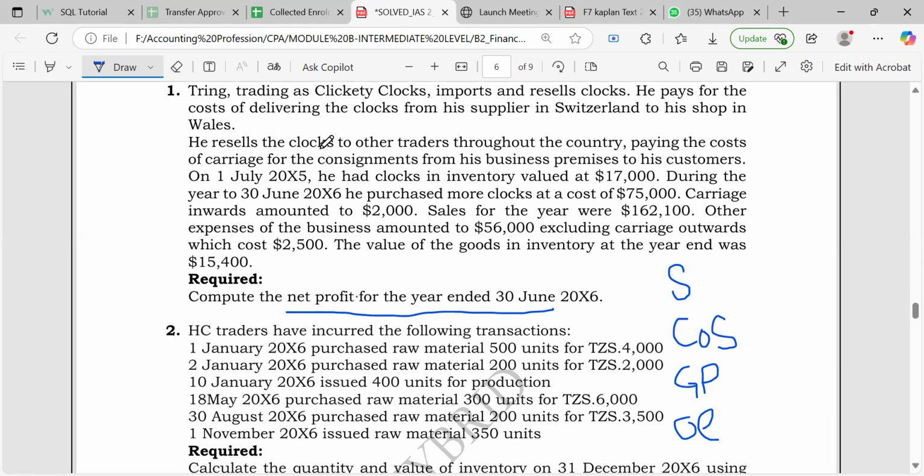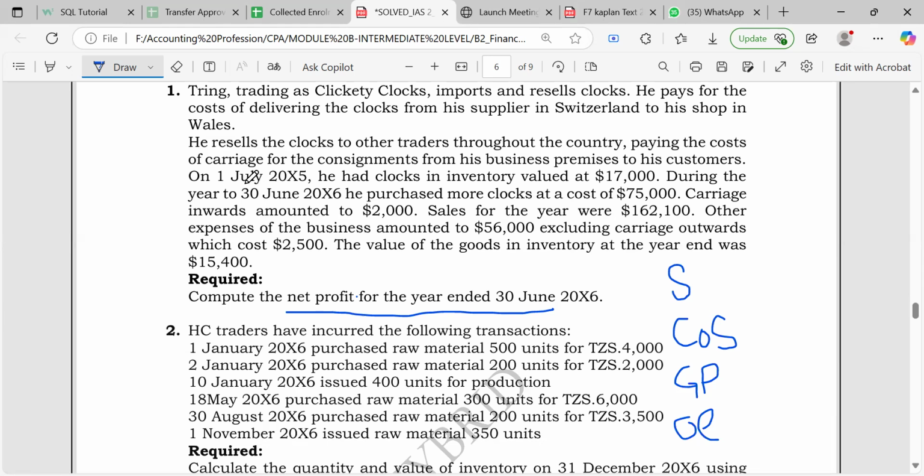It's like he bought for 15. He resells the clocks to other traders throughout the country, paying the cost of carriage for the consignment from his business premises to his customers. This is the carriage outwards, which, as I've told you, does not form part of cost of inventory.